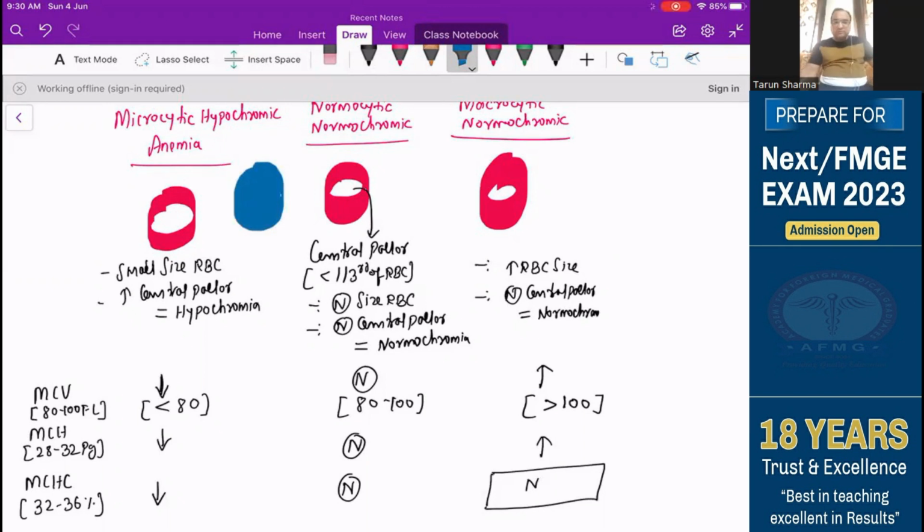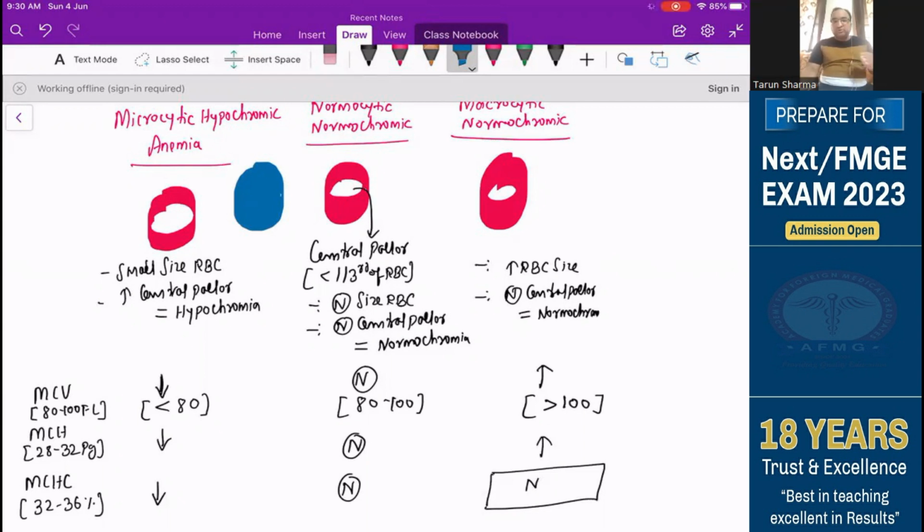So if the small lymphocyte size is similar to the RBC size, that means those RBCs are normal in size, because the normal size of a small lymphocyte is similar to a normal RBC. That's why you have to compare the size of RBC with the small lymphocyte to say whether it is larger or smaller in size.